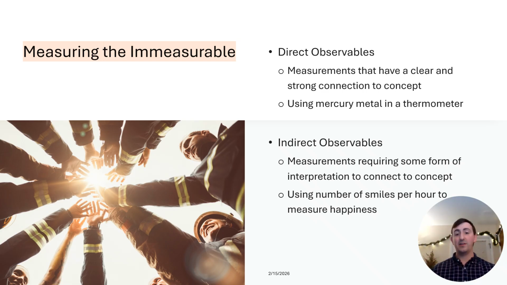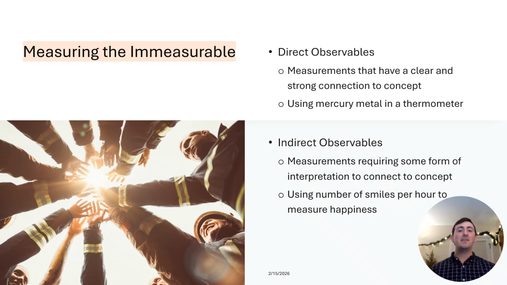The example I have here is number of smiles per hour to measure happiness. Right? Now that's indirect because sometimes smiles are not about happiness. Sometimes smiles are more about politeness or manners or something entirely opposite to happiness, right? But some smiles are related to happiness.